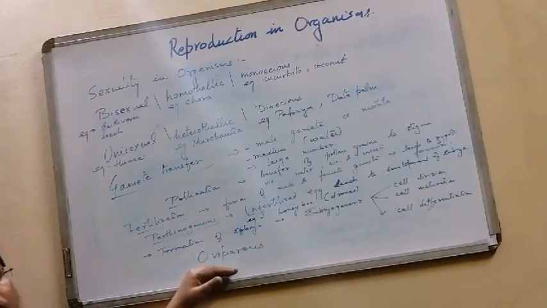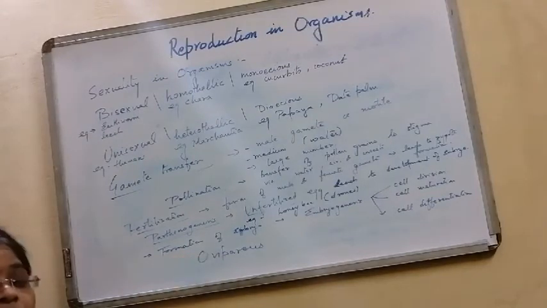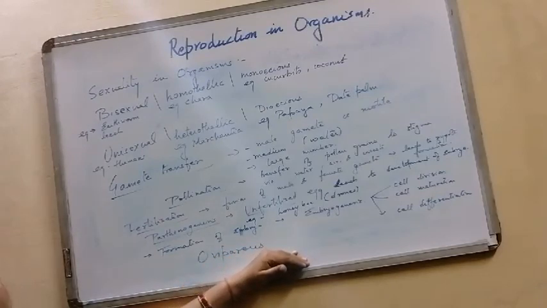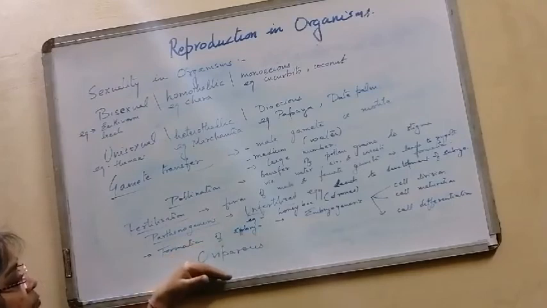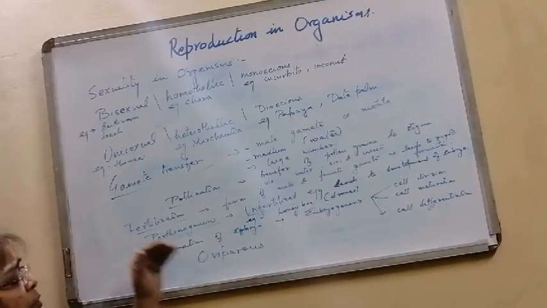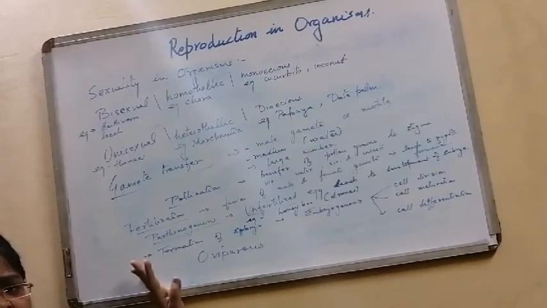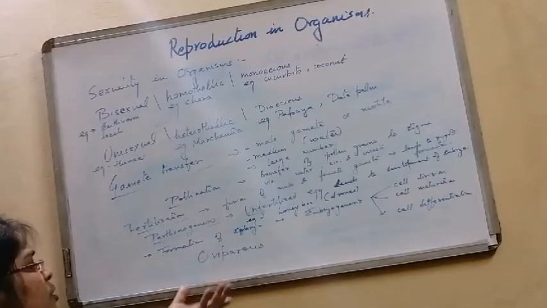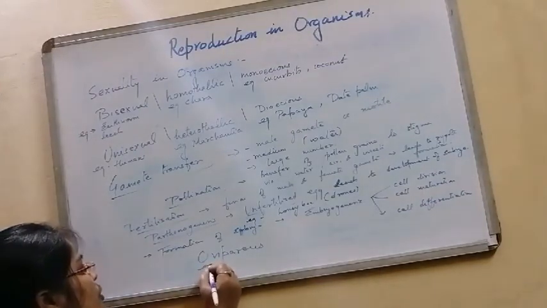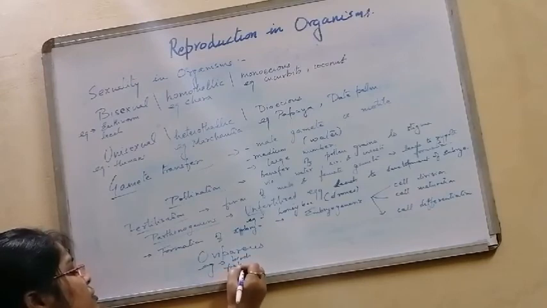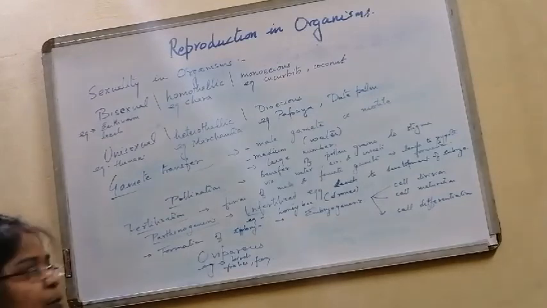These eggs could be fertilized or unfertilized, and when fertilized, they grow into an embryo, and then the embryo develops. Such organisms are called oviparous, isn't it? Various categories come under this: your birds, your fishes, your frogs. They come under oviparous.